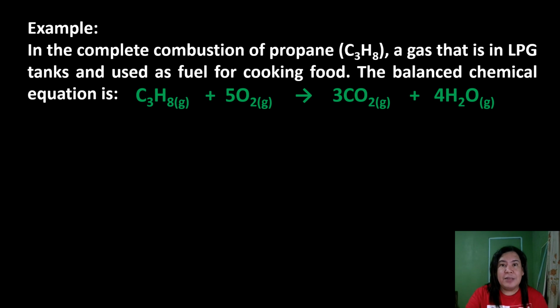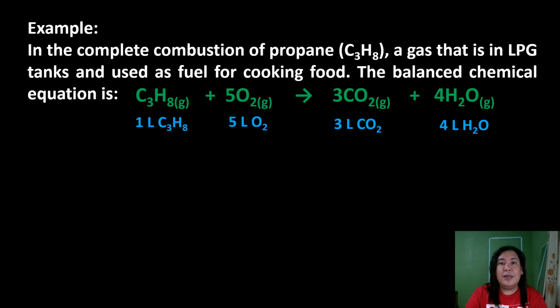So this is the interpretation we used to do, in terms of giving the name. But this time, since we are dealing with stoichiometric calculation of gases, we'll be using the unit of volume in interpreting this equation. So these are the interpretations: 1 liter of propane, 5 liters of oxygen gas, 3 liters of carbon dioxide, and 4 liters of water vapor.